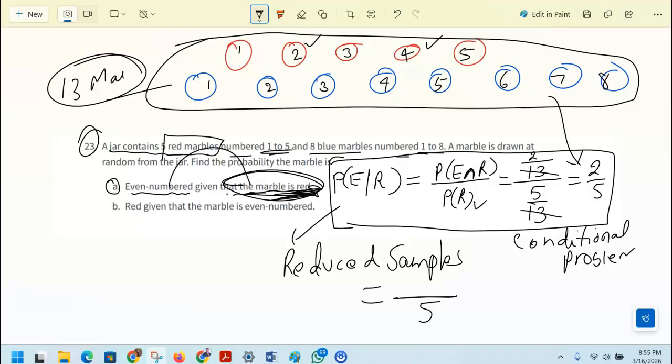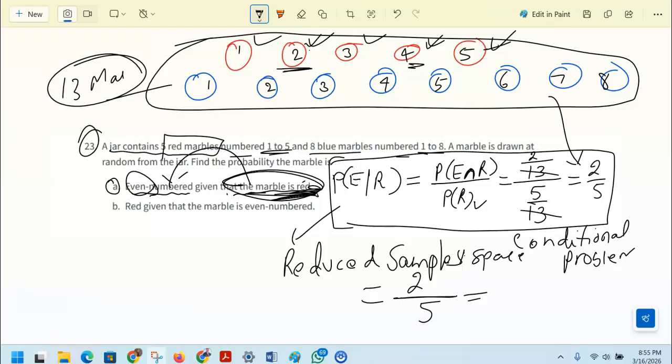So what are the chances it's going to be even? So in this red, because the ball is red, out of this 5, 1, 2, 3, 4, and 5, which among them is even numbered? And you can see the even number is this and this. So 2 when you're done. So this is directly doing with the help of a reduced sample space.